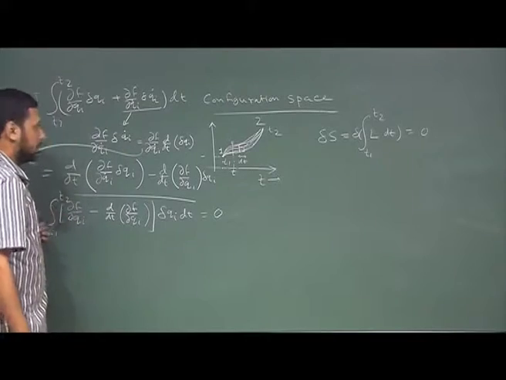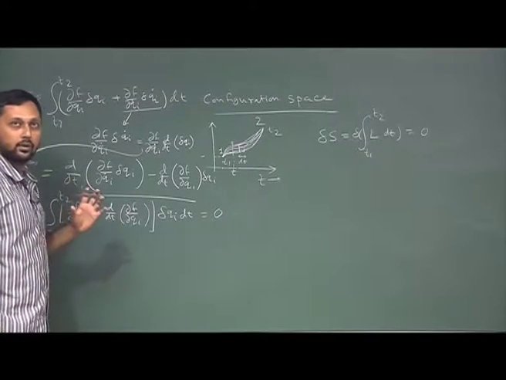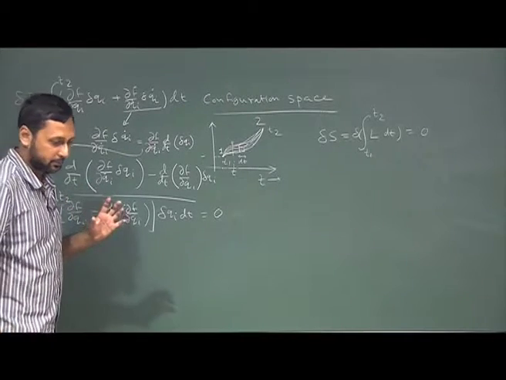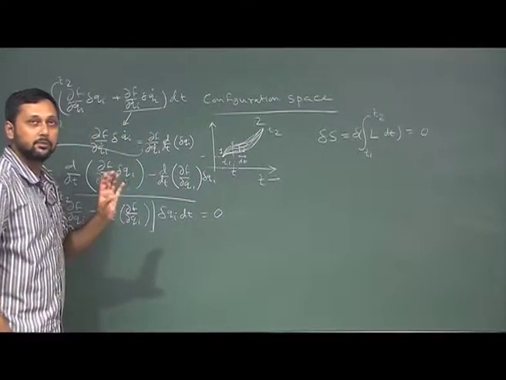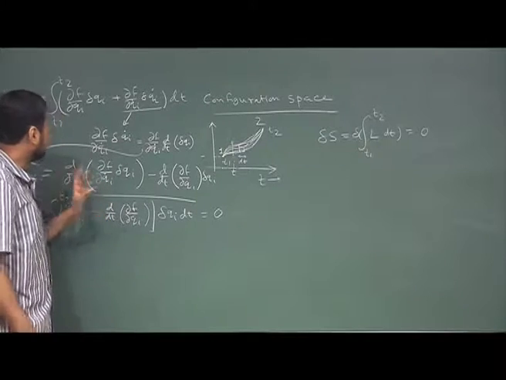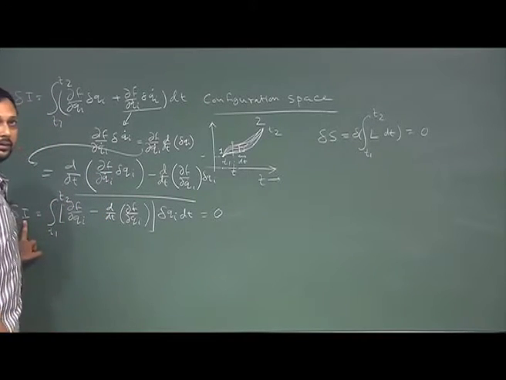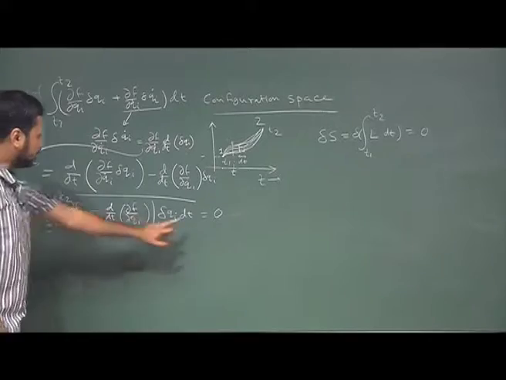Right now we are not specifying the functional nature of f, so we are not talking about the principle of least action, but we are saying that delta of I, this particular integral, will be equal to 0.